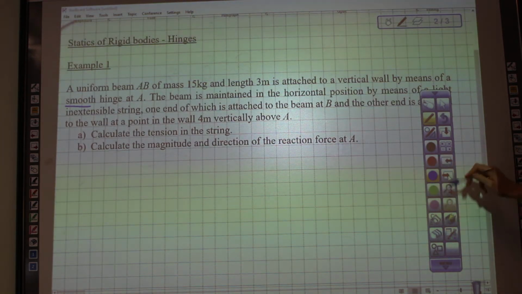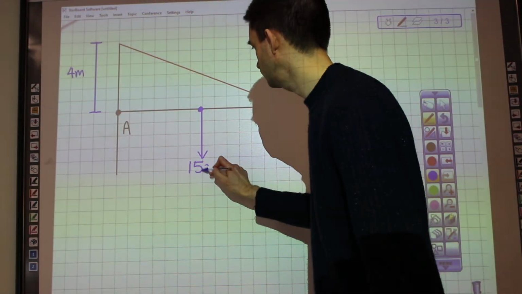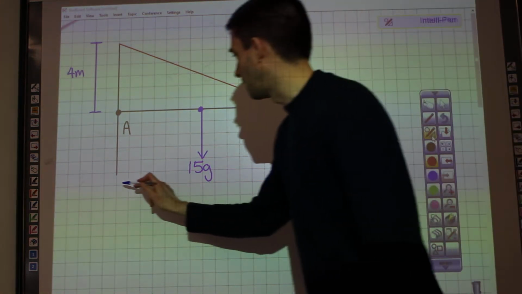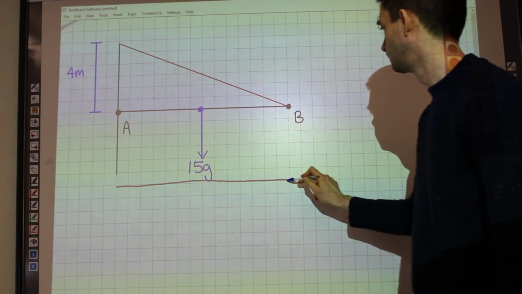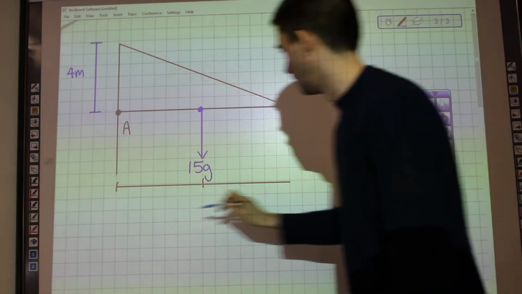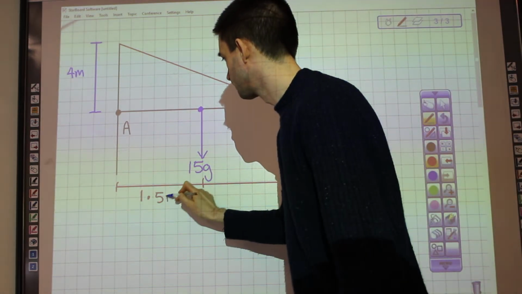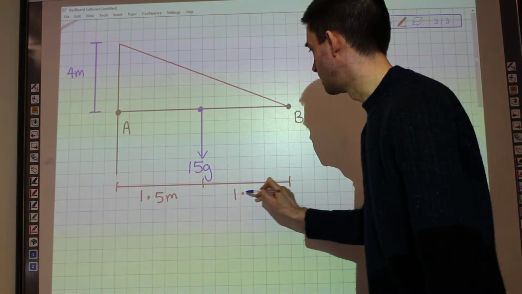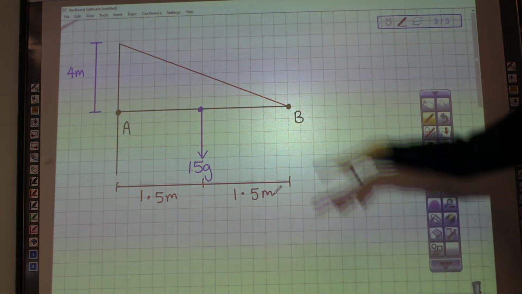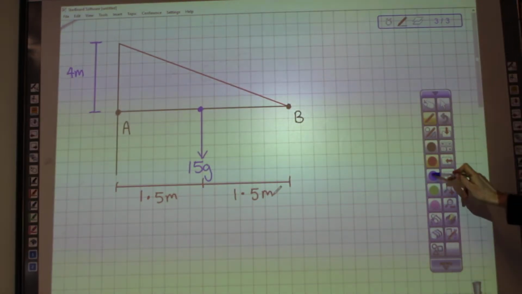Right, so we have 15g as a force there, and that is acting halfway along the plank AB, so it's 1.5 meters from the wall. So we've got the weight of the plank acting directly downwards, that's 15g.